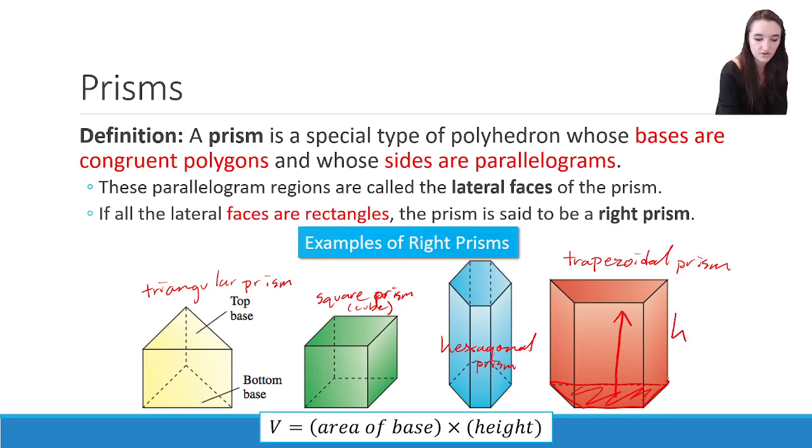Once we have this area, we're layering it on top of each other for the height amount of space. That's what's really happening. So when you have a prism, it makes it very easy to find the volume because it's a very regular type of formula. In the same way, the volume of the cylinder works this way as well, though it is not technically a prism.